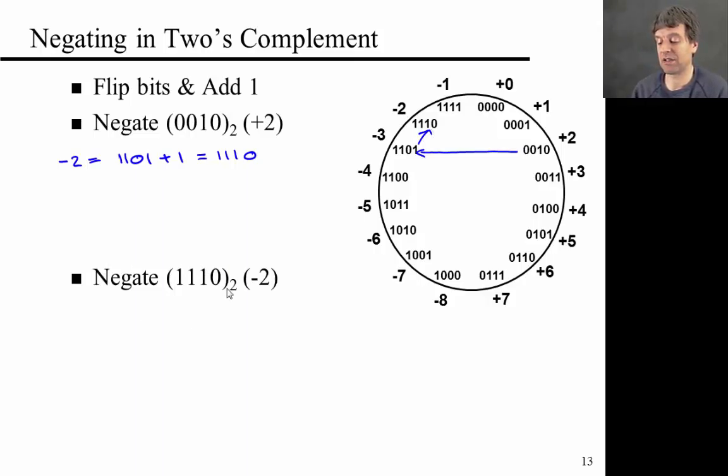And now if you did this again, if you want to negate this back, you just should get 2, which is 0, 0, 0, 1 plus 1, which is 0, 0, 1, 0. And of course, that's exactly what you want, right? So flipping the bits got you from -2 to +1, but now by adding 1, you're back to +2.